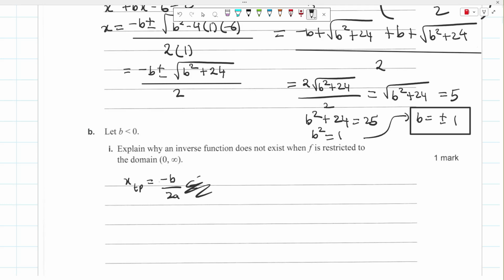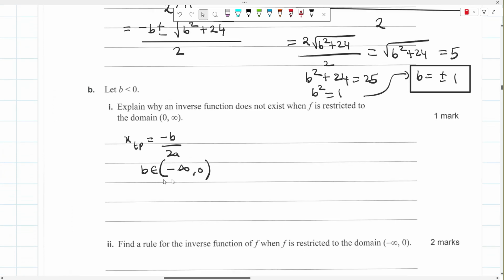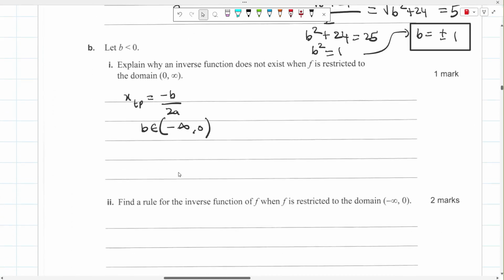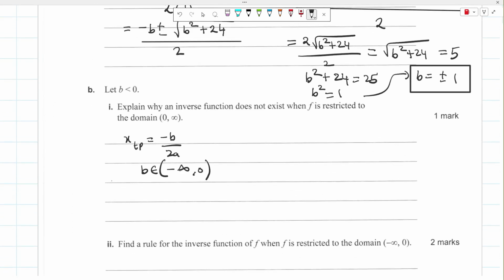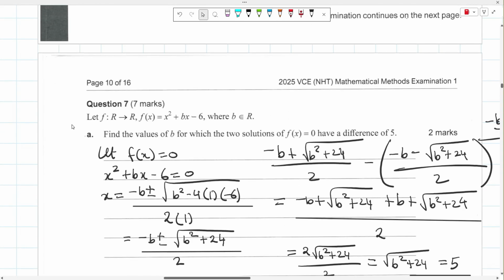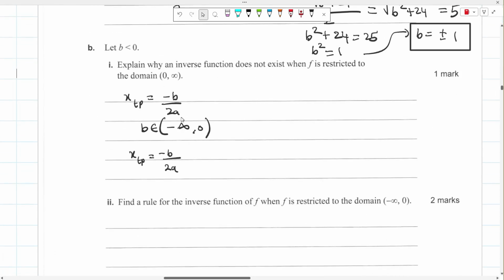So let's think about this. If b is less than 0, meaning it's an element of negative infinity to 0, then what's going to happen? Then negative b is going to be a positive number.